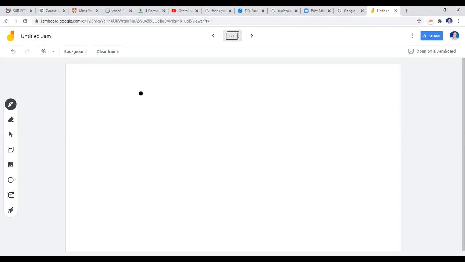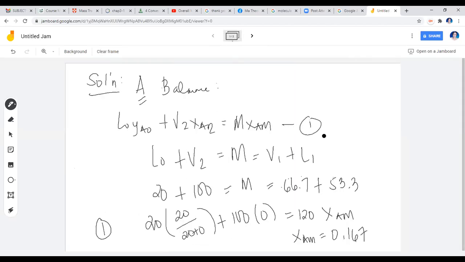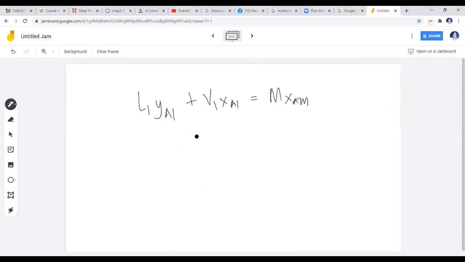That would be, you write of course L1 multiplied by YA1 plus V1 XA1, equal to the M times XAM. And this is the other side of the equation. Now, these are the equilibrated streams L1 and V1.